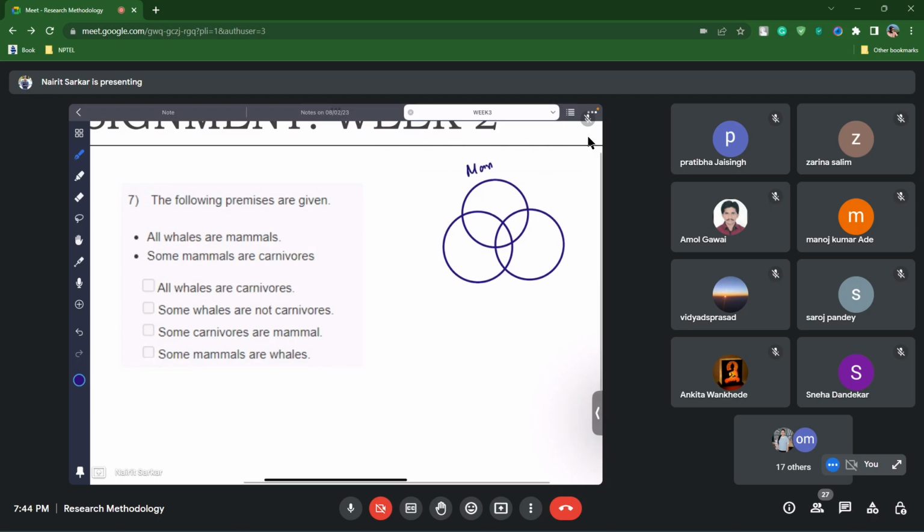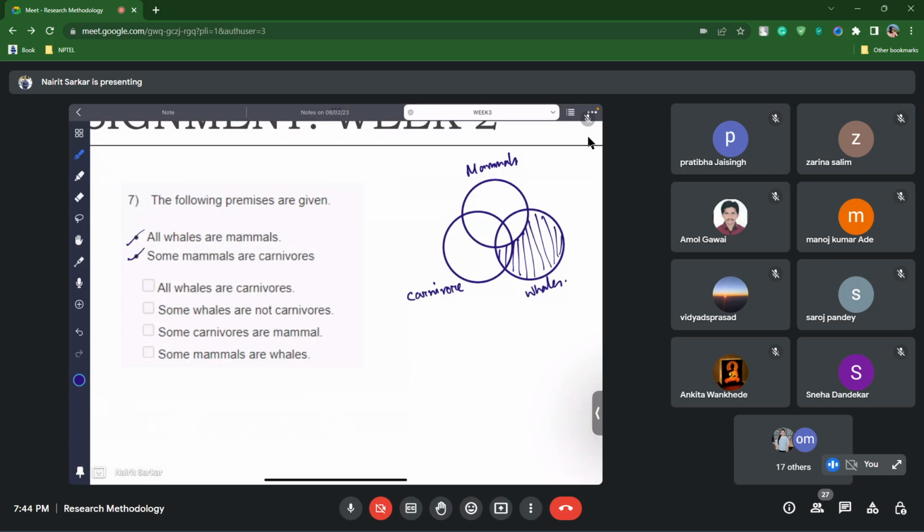Let's write mammals, carnivores, whales. Okay. So first one, all whales are mammals. So there should be no whale which is not a mammal. So we shade this area.